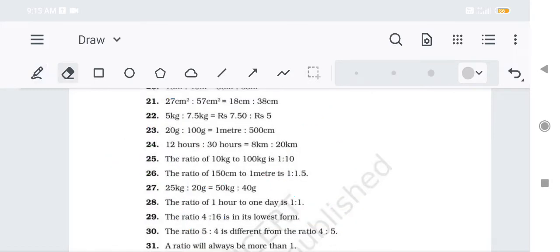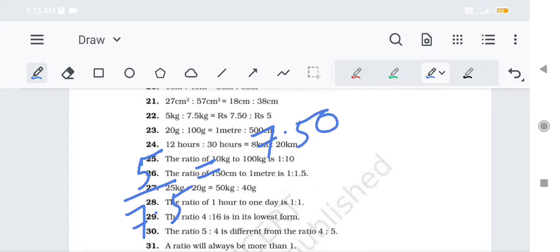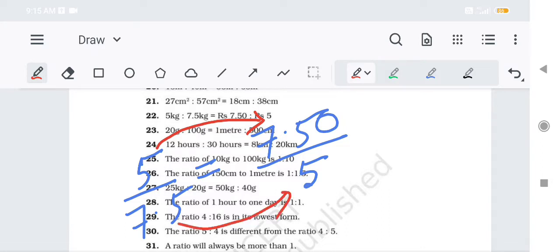Now here in this sum, question number 22, we will simply convert these ratios to fractions. Okay, we have converted. Now what would you do? First we will check the numerators. 5 has become 7.5, it has been increased. Now 7.5 has become 5 in case of the denominator, so it has been decreased.